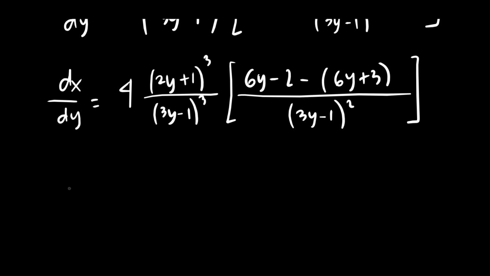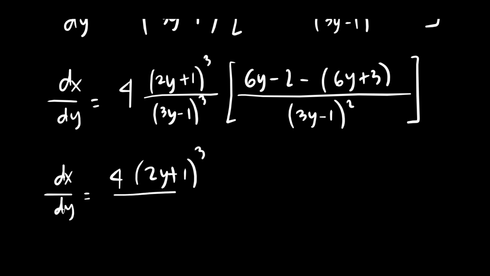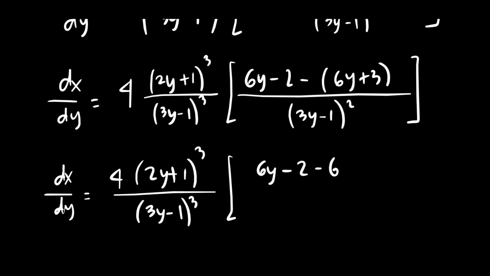So let's simplify: 6y minus 2, so distribute, minus 6y minus 3, all over 3y minus 1 squared.